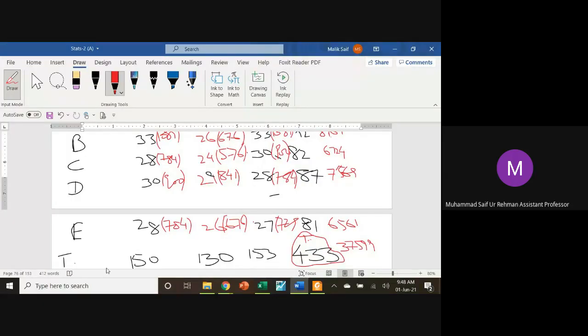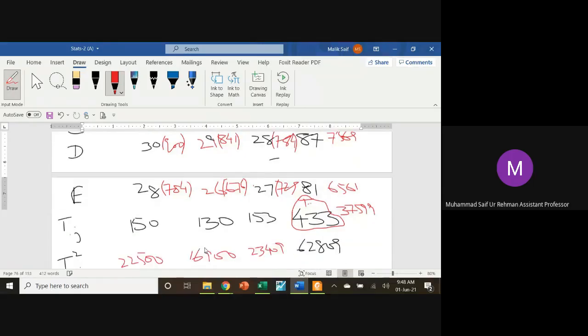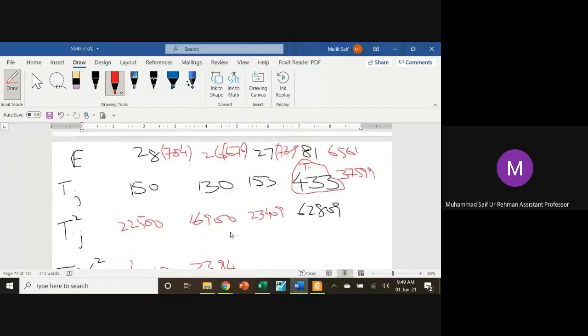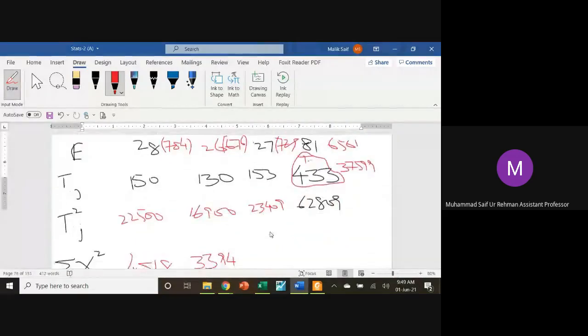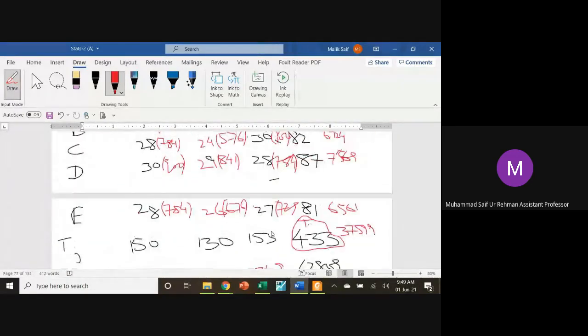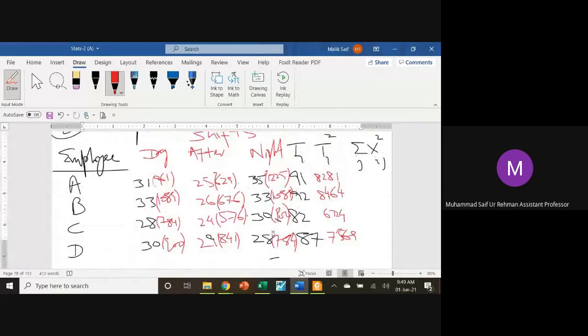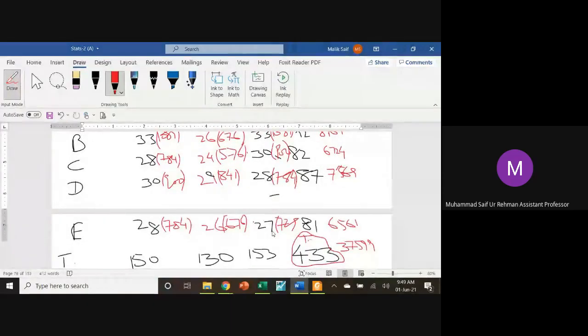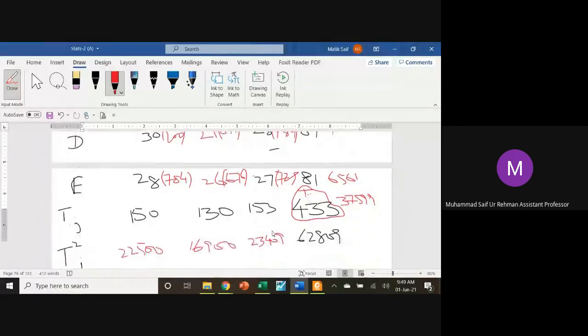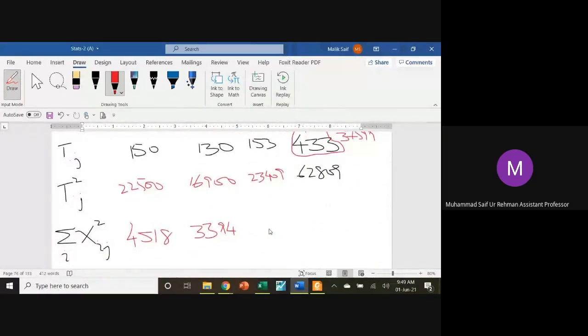Add these values. Although there is some space problem, what can we do? 1225 plus 1089 plus 900 plus 784 plus 729. The answer is 4727.